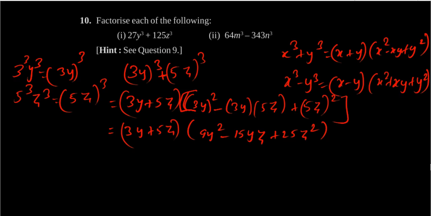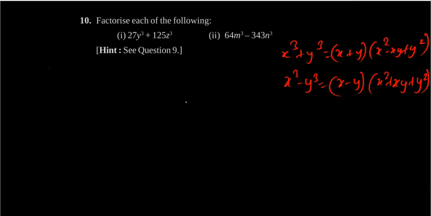So let me factorize the second polynomial. The second polynomial has a negative sign, and the first one is also a cube, the second one also a cube. So let's identify what is x, what is y. So this 343 is nothing but 7 cube. So this can be in the form of, 64 is 4 cube and 343 is 7 cube.